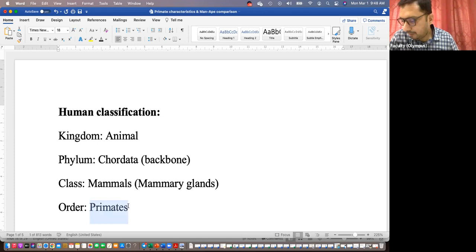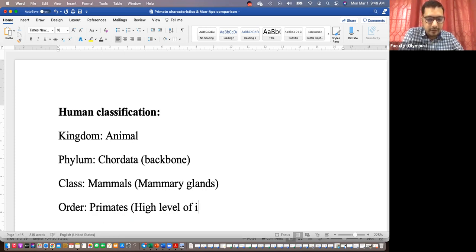Order, primates. And primates are those mammals which have two things that you can remember here. One, high level of intelligence. We actually have high level of intelligence compared to many other mammals. Our intelligence levels is very, very high. So primates are intelligent mammals with grasping fingers. Something that specifically we see with primates is we have specially designed fingers. We are able to grasp things.